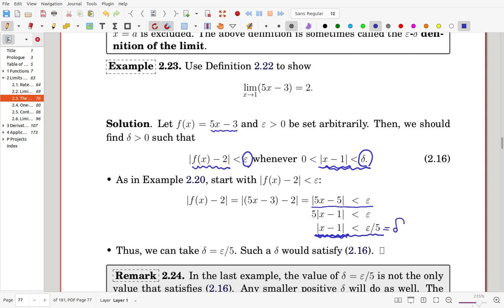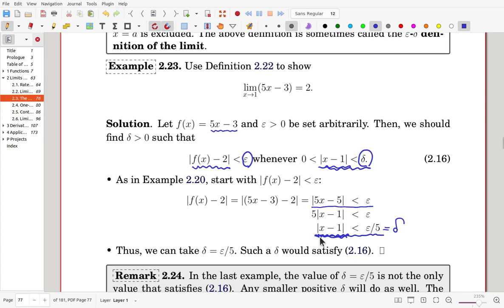So now we can choose delta to be epsilon over 5, so that once the absolute value of x minus 1 is bounded by delta, then the modulus of f(x) minus 2 is bounded by epsilon. For any epsilon, you can choose very small, 10 to the minus 10, 10 to the minus 1 million, it doesn't matter, even though it is arbitrarily small.